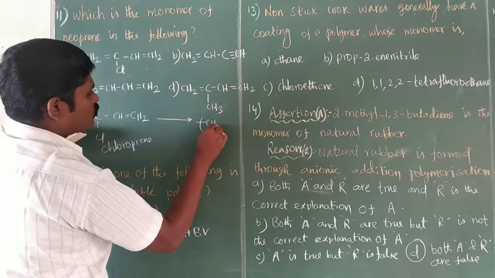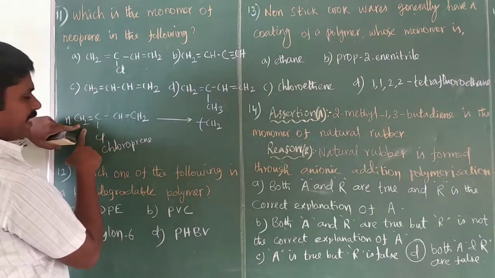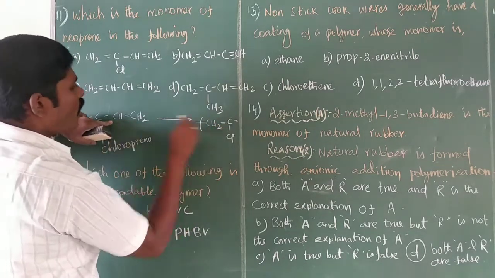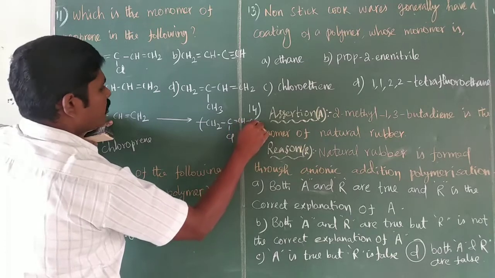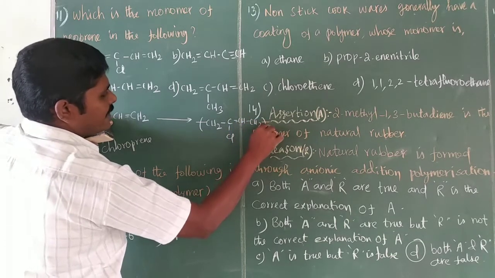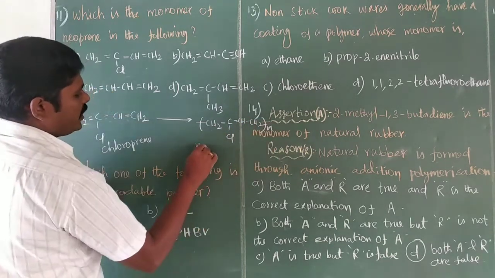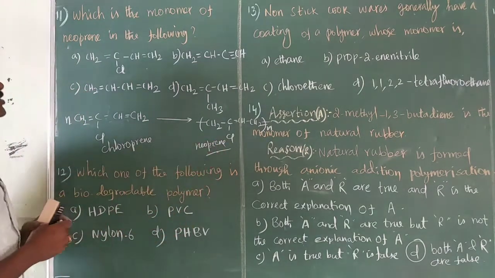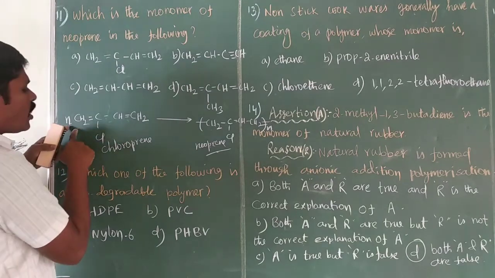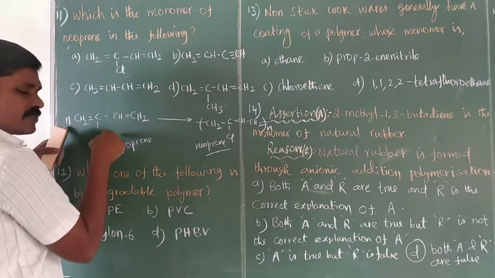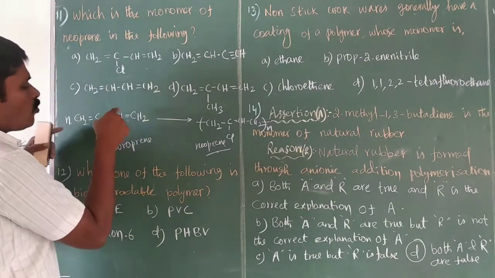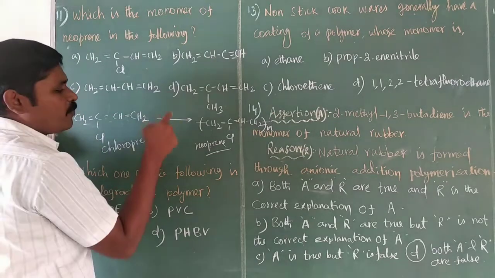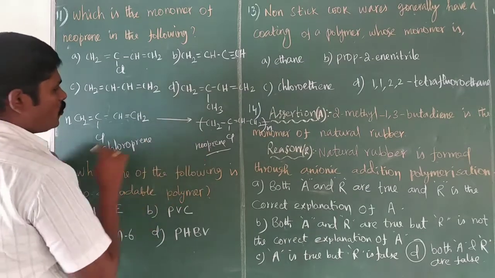So CH2, single bond C, Cl, double bond CH, single bond CH2, N times, is neoprene. The chloroprene monomers undergo free radical polymerization to give neoprene.